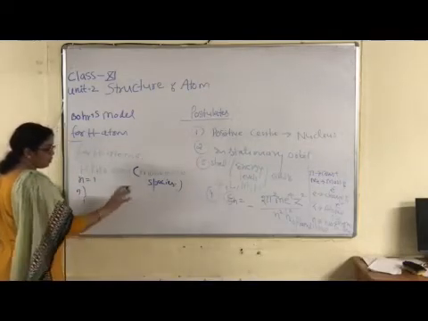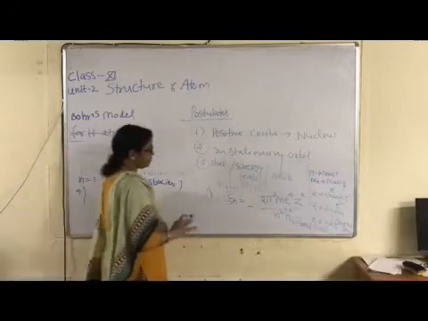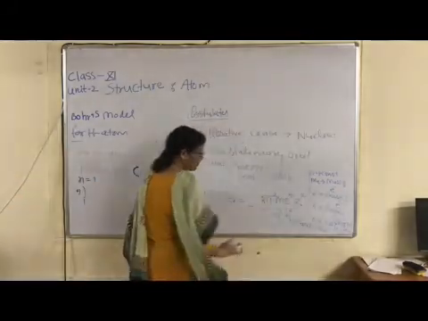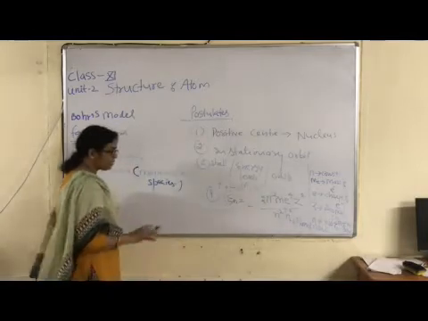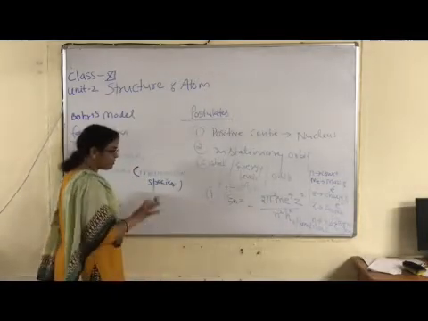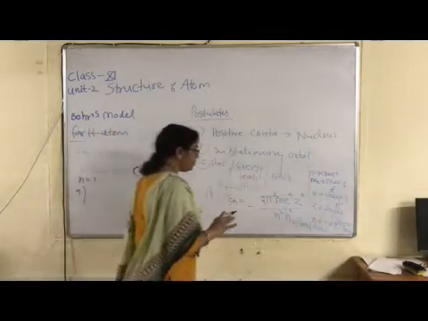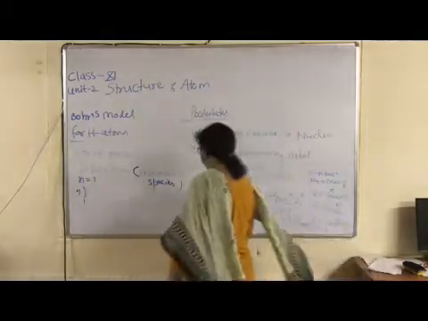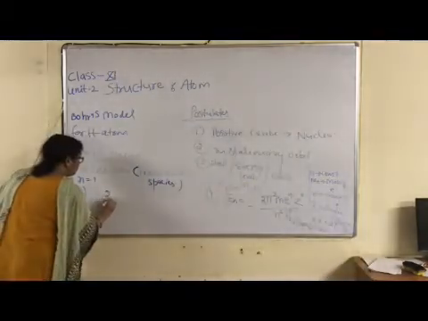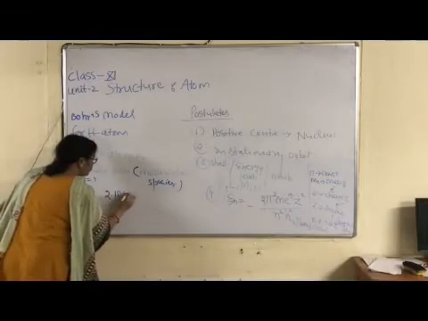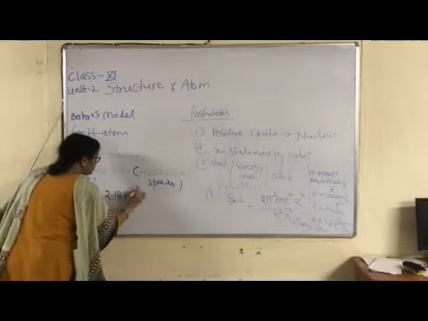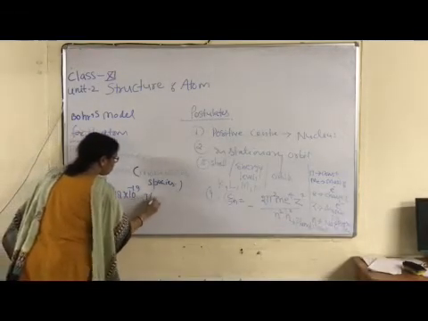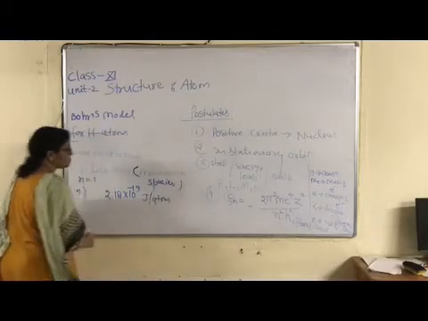Okay children, except n and Z, all other factors are constant. When all values are substituted in this energy formula, a new constant is obtained, which is 2.18 into 10 raised to the power minus 19 joule per atom.